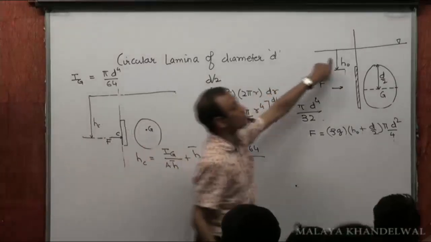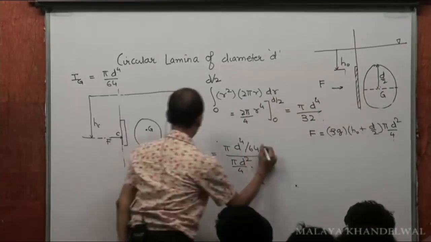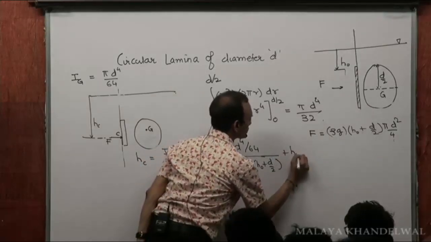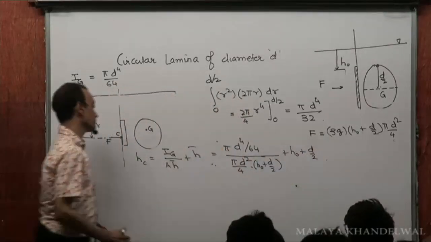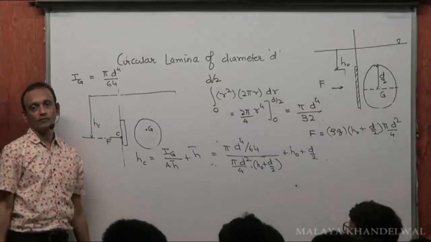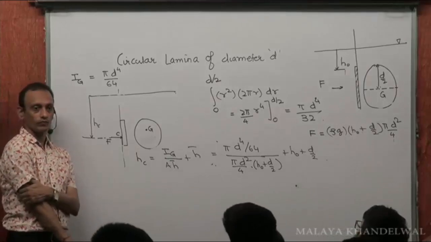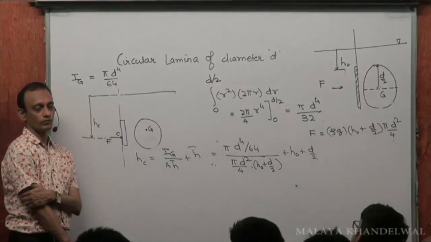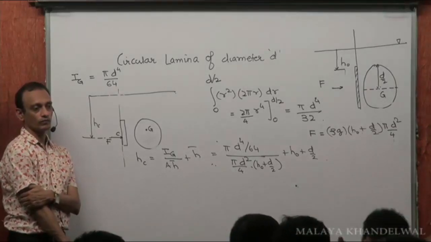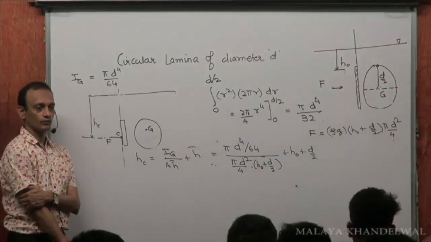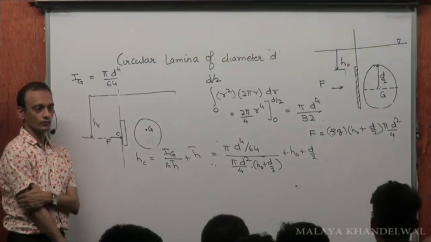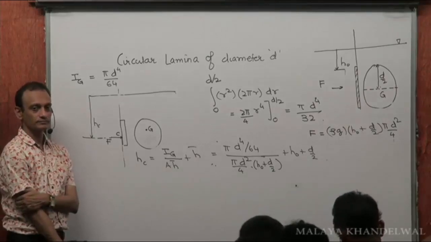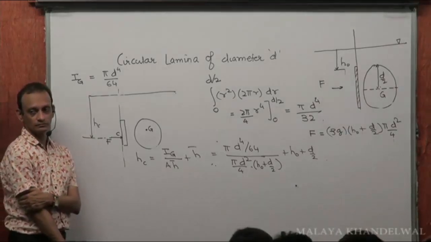H bar is going to be h naught plus d by 2. Clear?